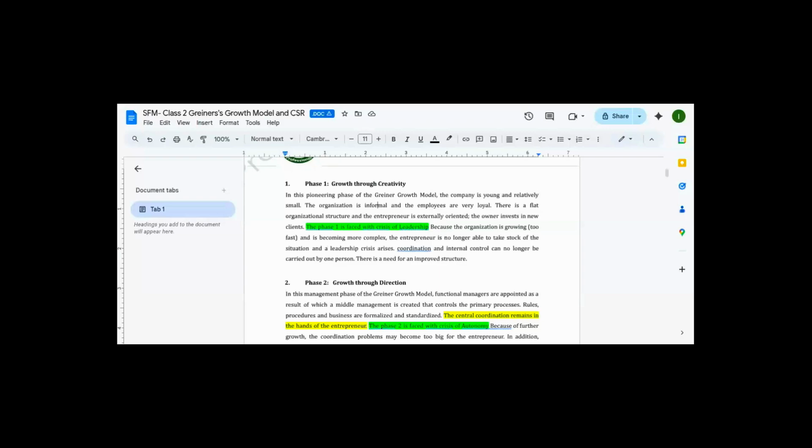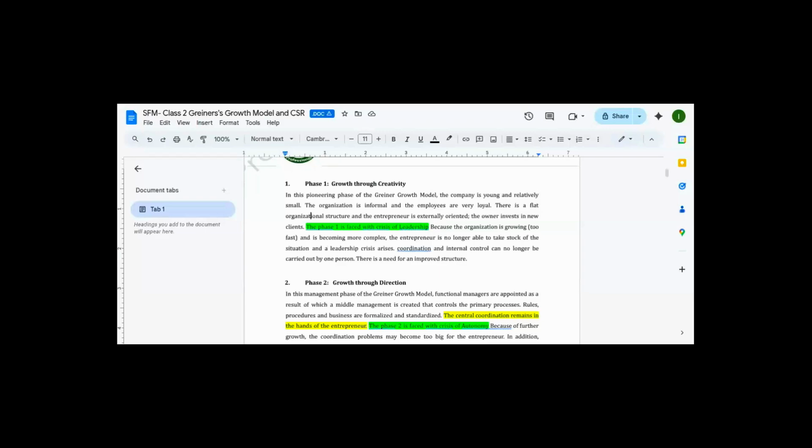So the organization is informal and the employees are loyal. Apart from being loyal, we should know that the employees are few, meaning that at the pioneer stage of the organization's life, the staff strength is always small. The number of staff recruited is smaller. As the company is growing in size, expanding, diversifying, then we employ more skilled staff.